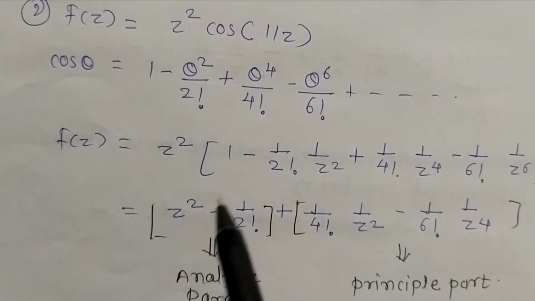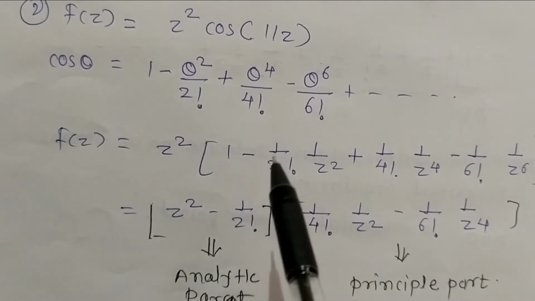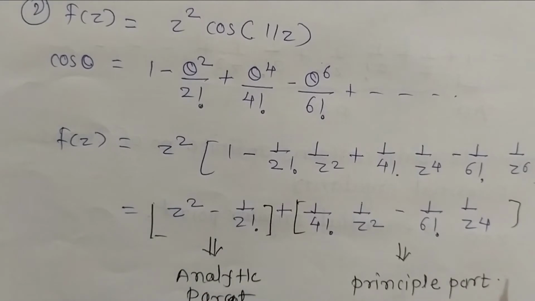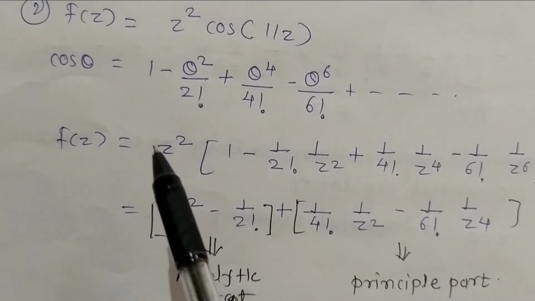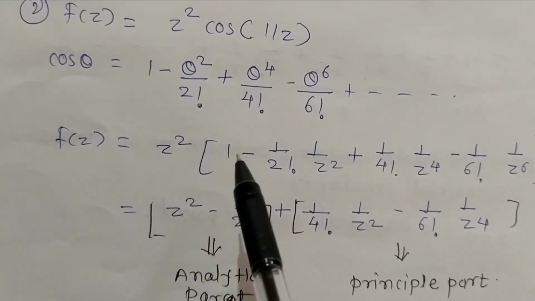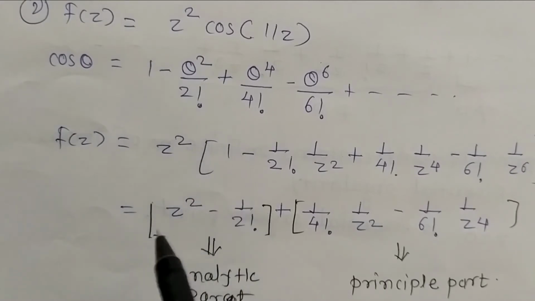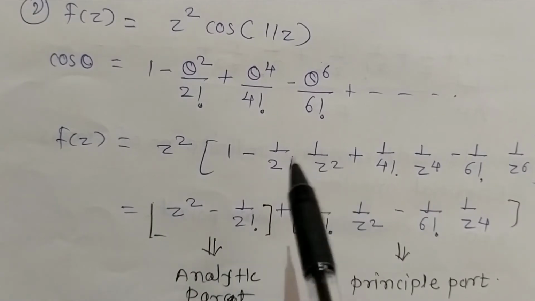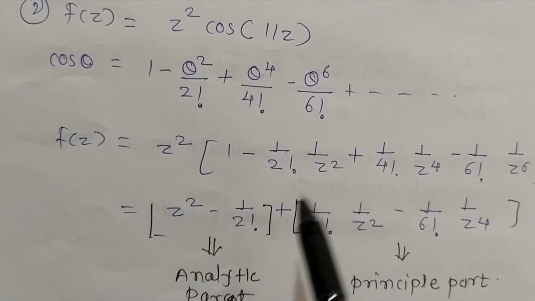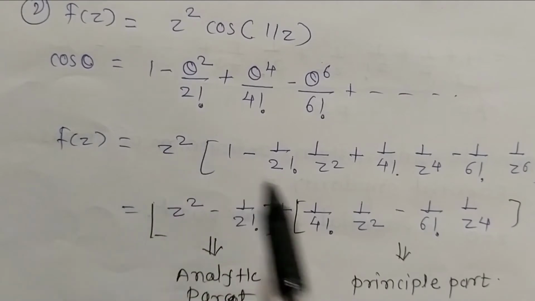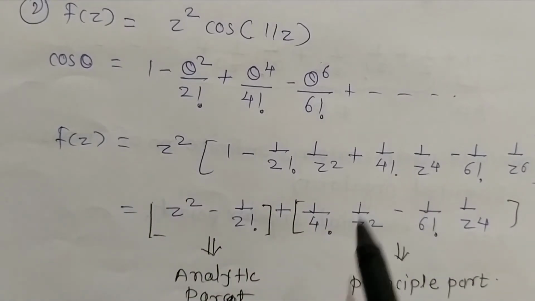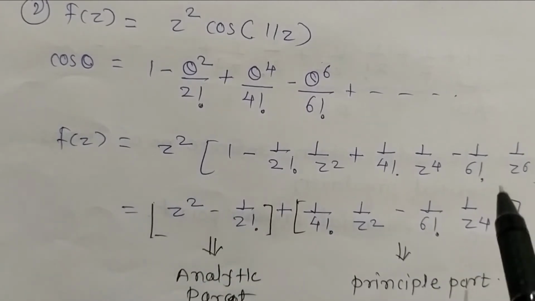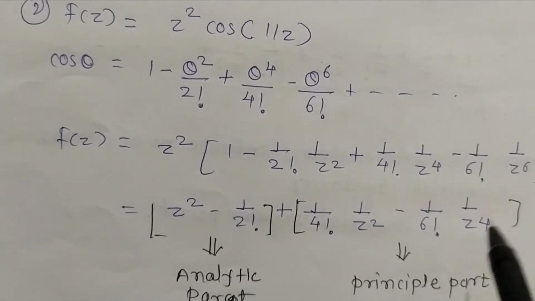When we multiply, z raised to 2 into 1 is z raised to 2, minus 1 upon 2 factorial into z raised to 2 by z raised to 2, which cancel each other, plus 1 upon 4 factorial into z raised to 2 by z raised to 4, that is 1 upon z raised to 2, minus 1 upon 6 factorial into z raised to 2 by z raised to 6, that is 1 upon z raised to 4.